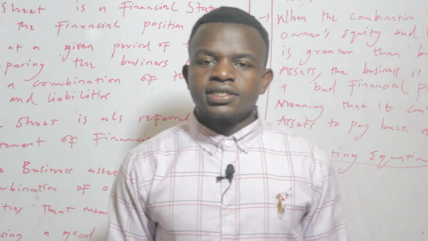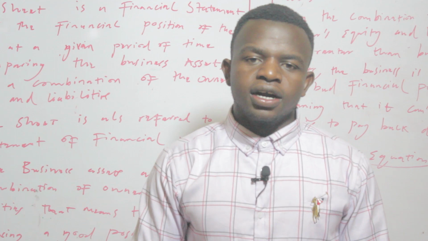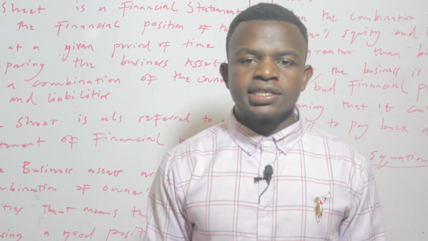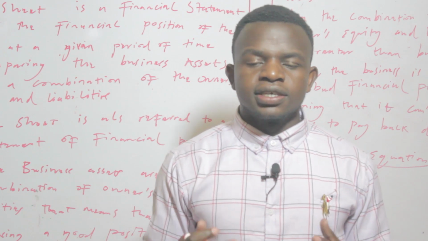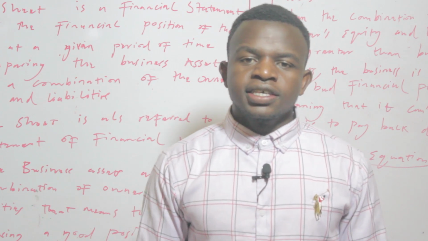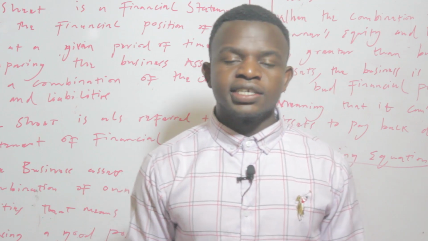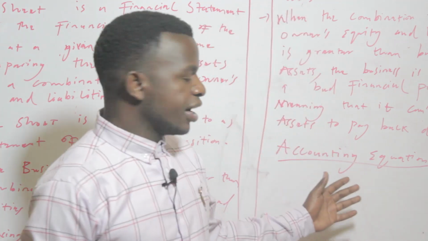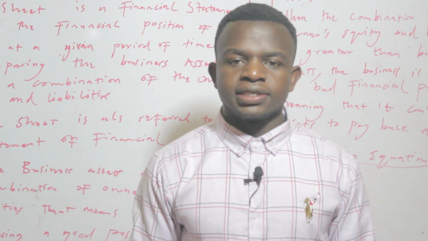So the balance sheet is based on the accounting equation. In the accounting equation, we have assets is equal to liabilities plus owner's equity. And this financial statement is referred to as a balance sheet because the two sides of the equation must always balance.